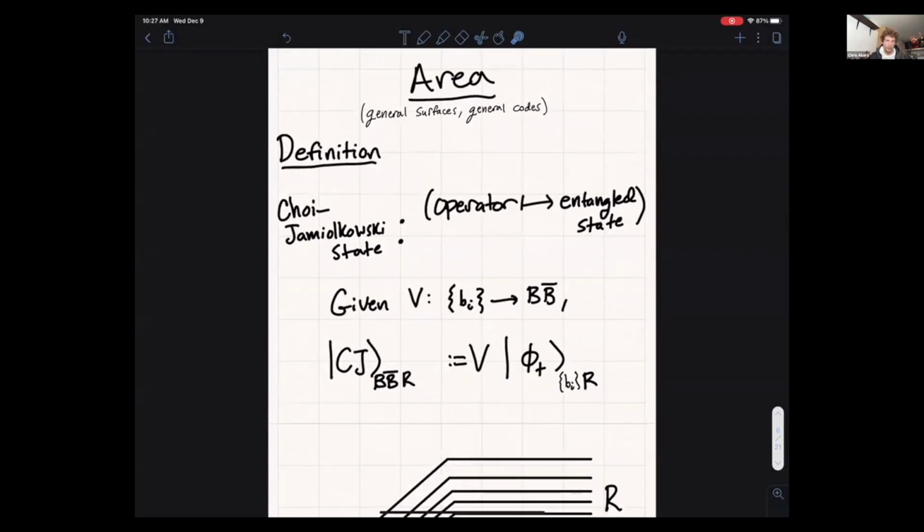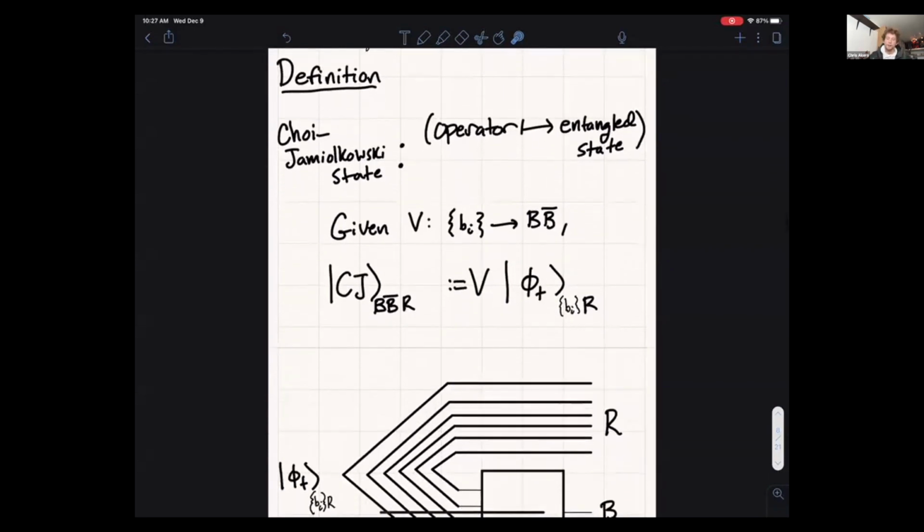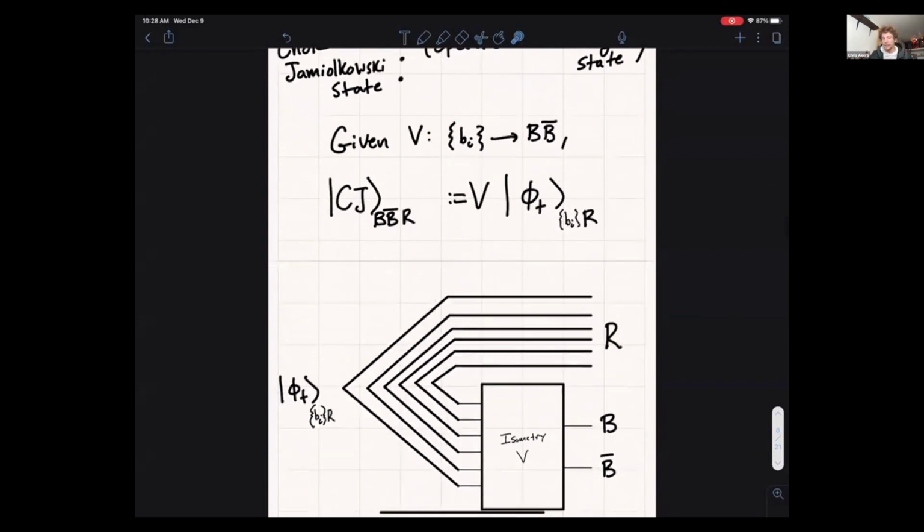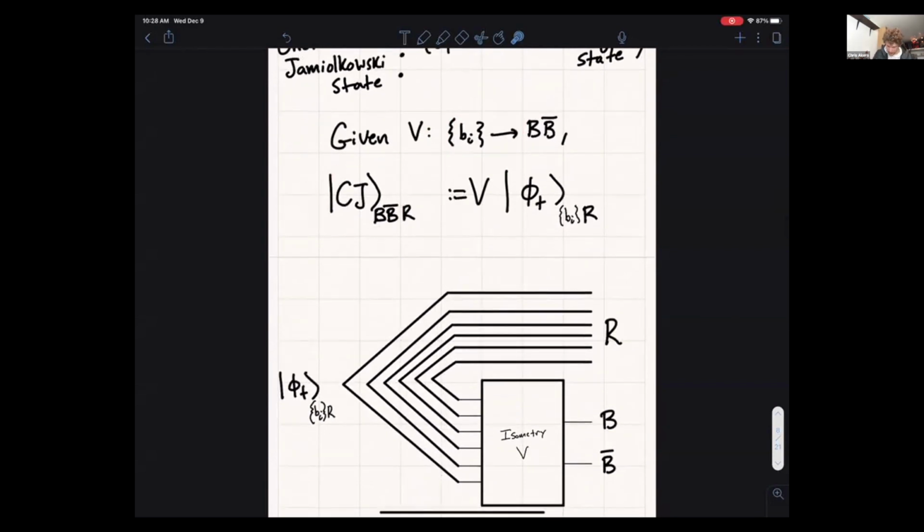Before I can give our definition of area, I need to define a special sort of state called the Choi-Jamiołkowski state. This is a state you might be familiar with. It's a particular way of taking some operator, like the encoding isometry, and defining an entangled state. So given our isometry V that maps from the input legs to the output legs, you define the Choi-Jamiołkowski state, which is a state on the output legs union some reference, as follows.